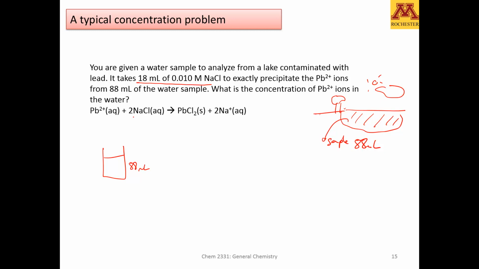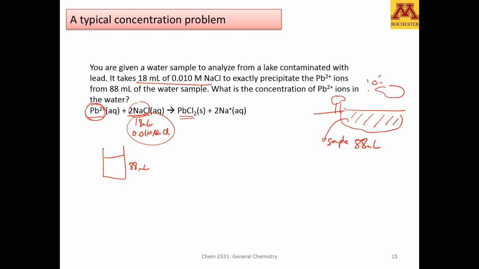It means that according to this reaction, once you add 18 milliliters of 0.01 molar sodium chloride, that reacts with this, and then you'll start seeing this. So in a way, what this is saying is giving you the number of moles of sodium chloride that are required to react with lead. So how can we solve this?